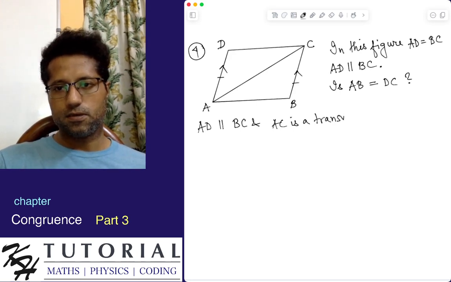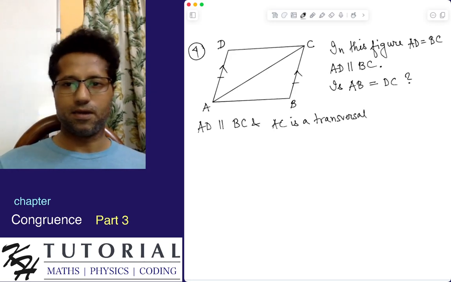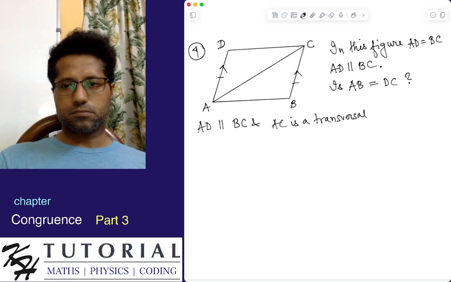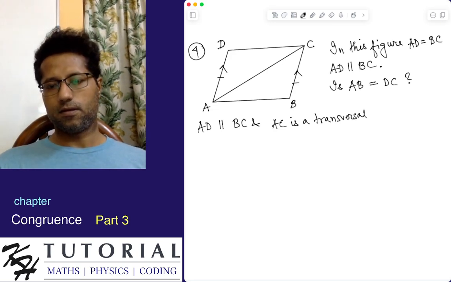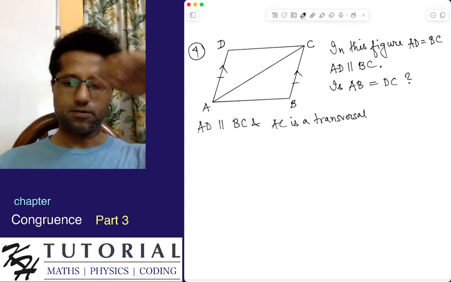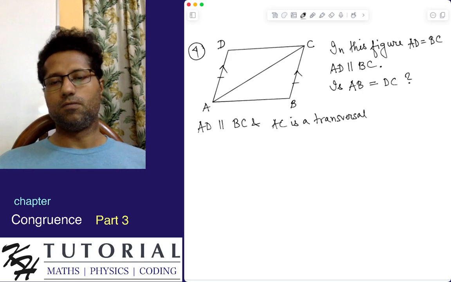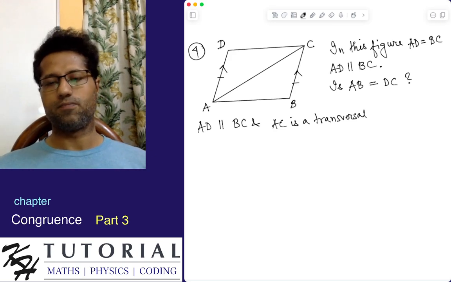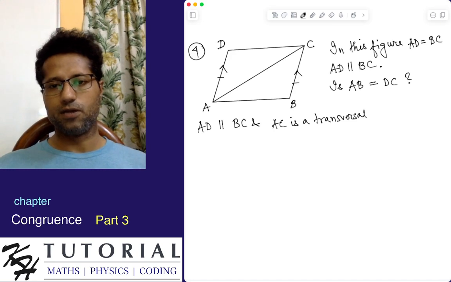for this, you must have completed the chapter on properties of parallel lines. I have already covered that chapter. If you wish, you can find all my videos on the chapter properties of parallel lines in the same playlist, that is CBSE Maths 7 RS Aggarwal. So we have AD parallel to BC, and AC is a transversal.